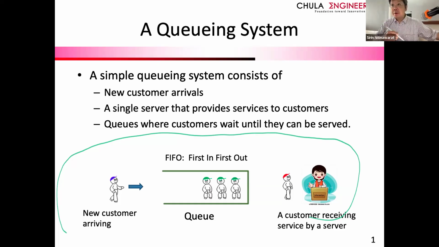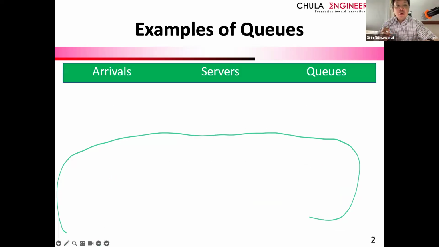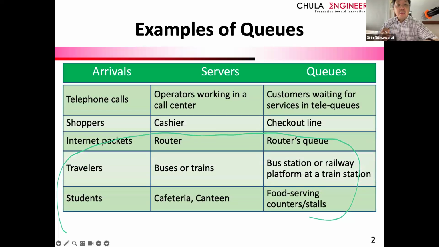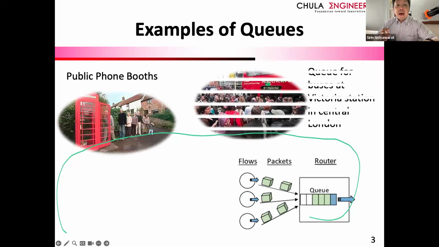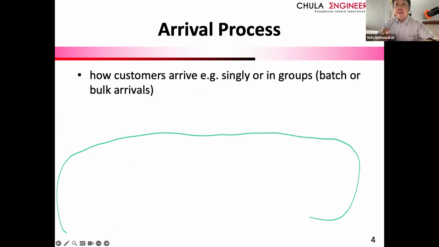The output will depend on the input. But the first thing that we should consider is the input, or to put it differently, how the entities that are being queued are arriving.